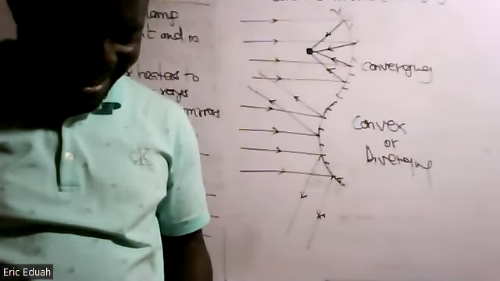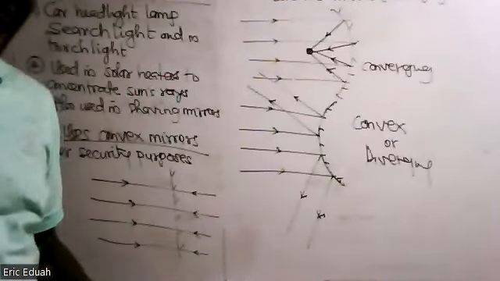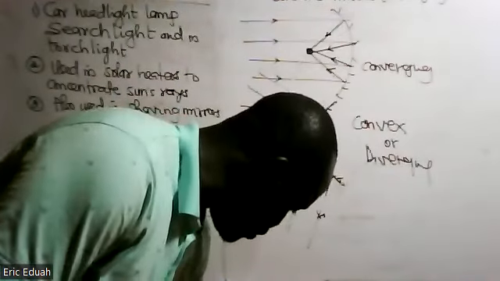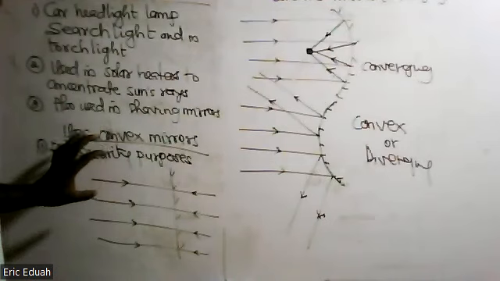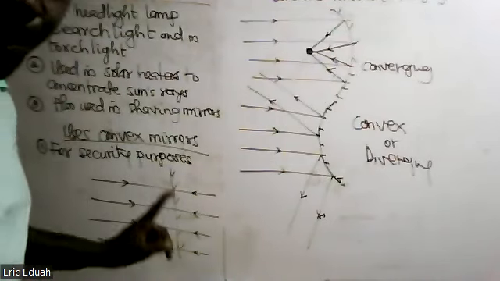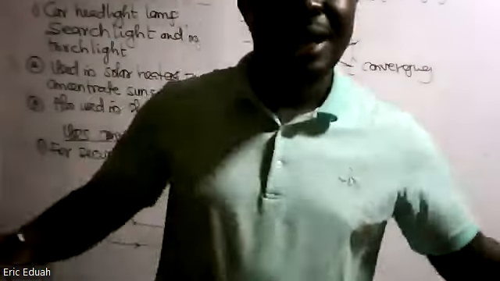It is true, for a reason which we will talk about. But you see, the key uses of convex mirror: one, for security purposes; two, it is also used in cars.